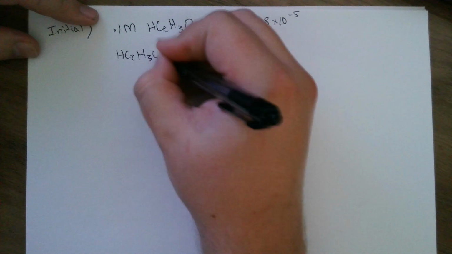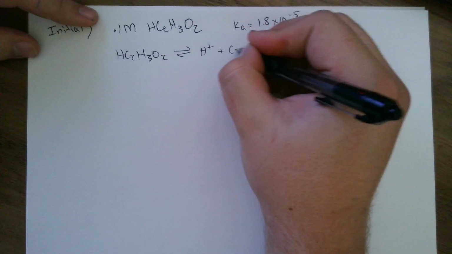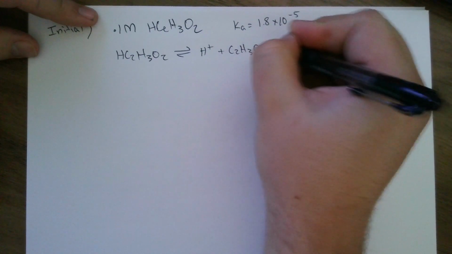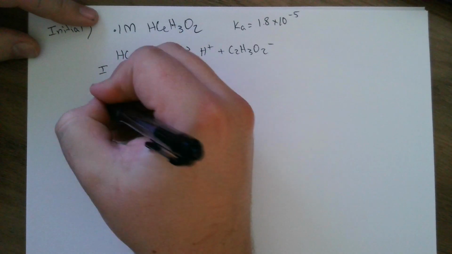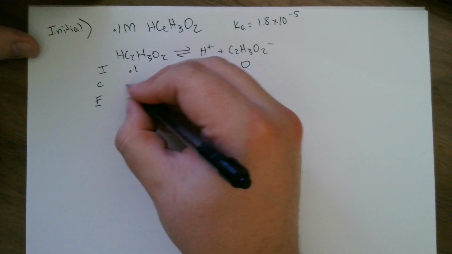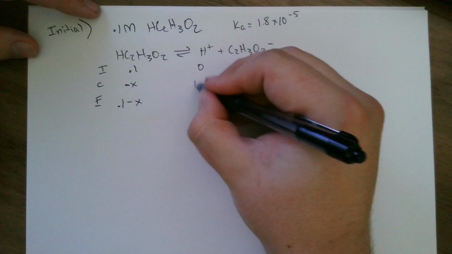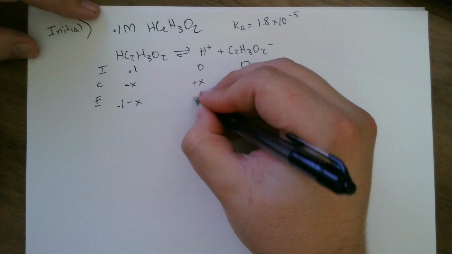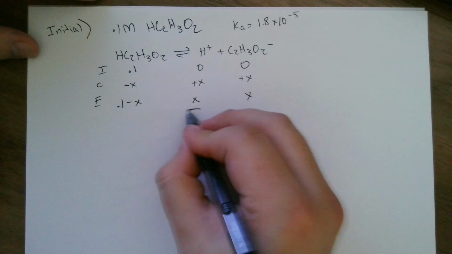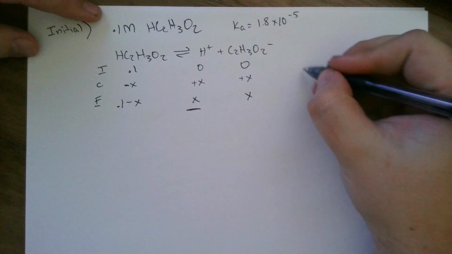My acid is going to dissociate into H plus and C2H3O2 minus. I'm going to set up my ICE table, my 0.1, my 0, my 0. The reaction is going to go to the right, so I'm going to subtract X and add X and X. If I solve for X, I know my H plus concentration, therefore I know my pH.